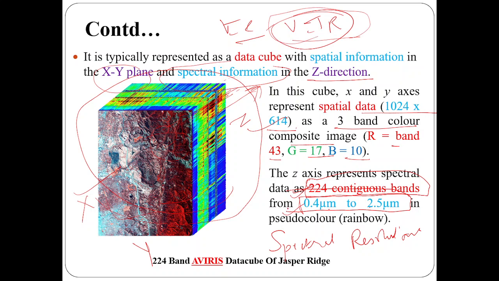So you can see that visible starts here and this covers most of the range of the infrared. So visible infrared is the range for hyperspectral remote sensing studies. This is an example of a hyperspectral sensor covering 224 bands.